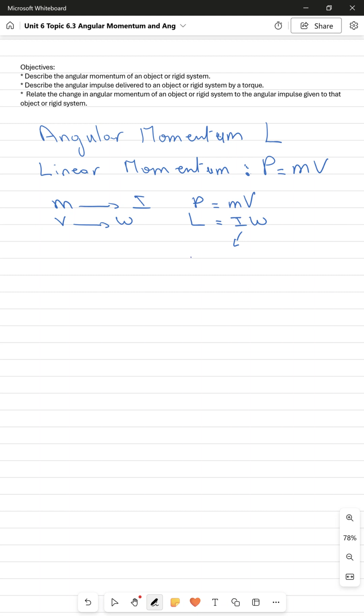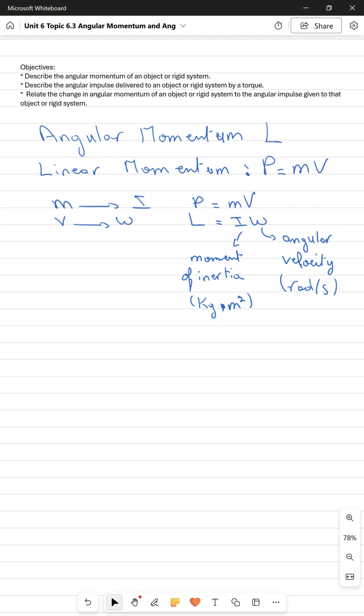I is the moment of inertia in kilogram meter squared, and omega is the angular velocity, which is radians per second. So that's angular momentum, L equals I omega.